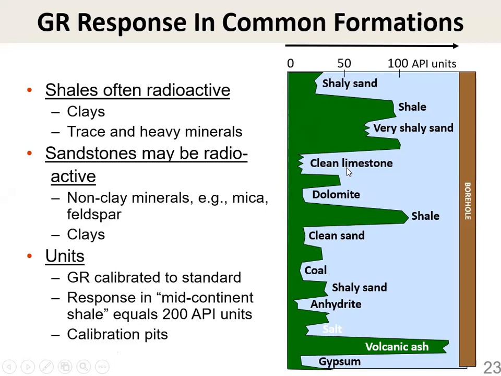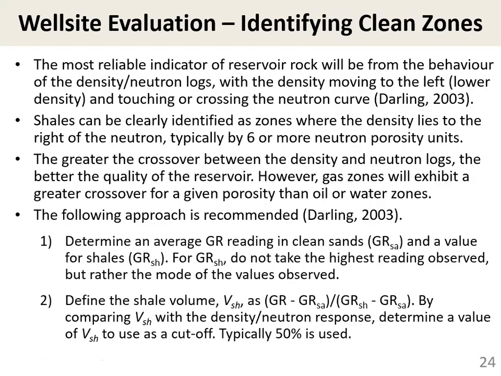So for the reservoir rock types, they usually have very low gamma ray readings. Of course, we know the exception where you're having sandstones with radioactive minerals. I mentioned the API scale for gamma rays. It is 0 to 100. In some cases, it gets as high as 200. So that's a matter of calibration.